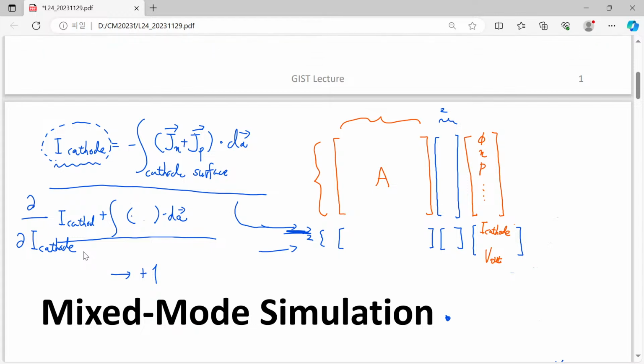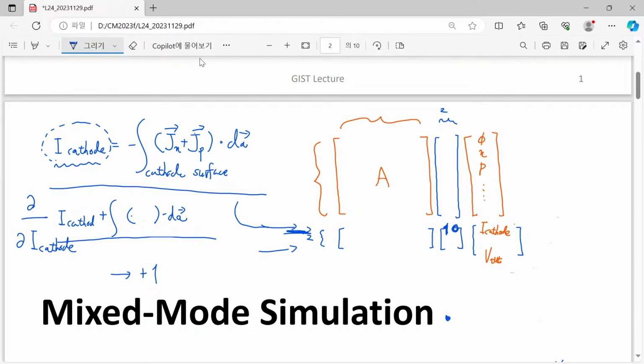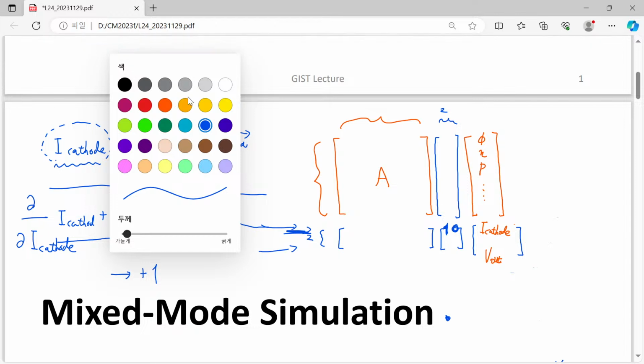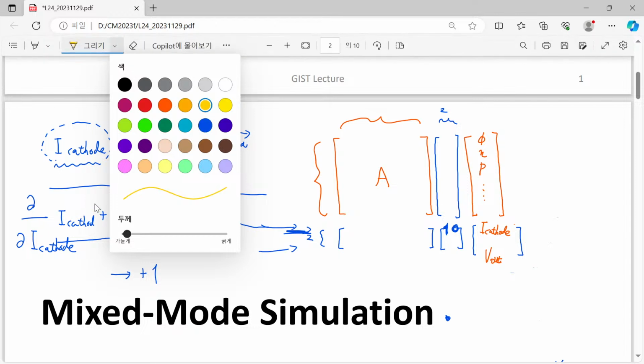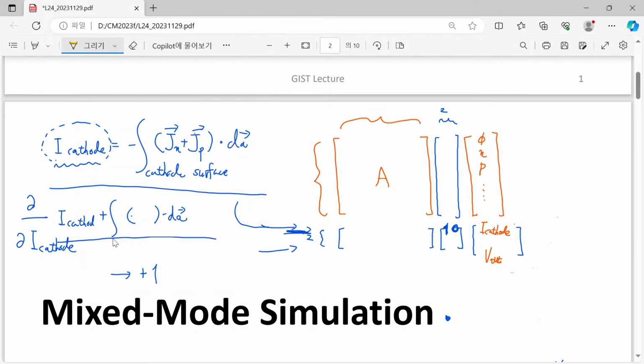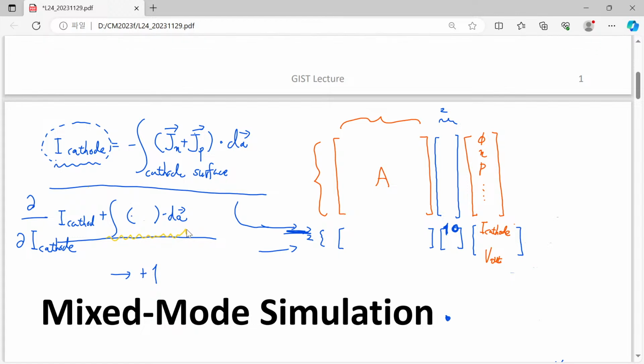That will be assigned to this entry. Is that all? No, certainly we have to consider other parts. This residue also has other terms, which are just the integration of your current densities over a certain area quite close to the cathode surface.